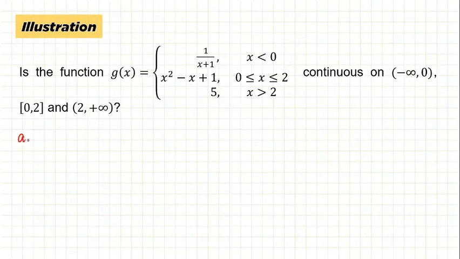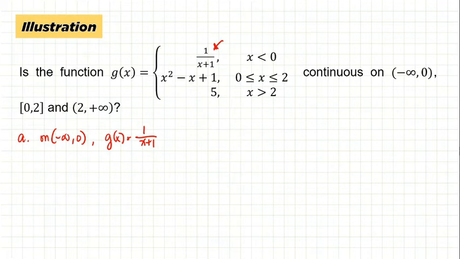So first letter A, we have on negative infinity to 0, g of x is equal to, so what will be our subfunction? In this case, negative infinity to 0 are those values less than 0. So therefore, we will use the first subfunction. So g of x now is equal to 1 over x plus 1. This is a rational function.